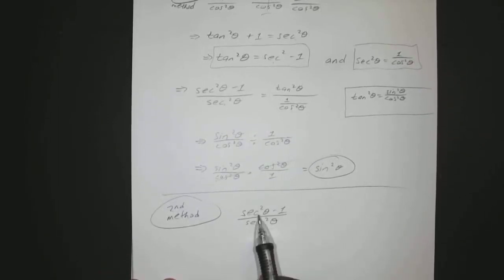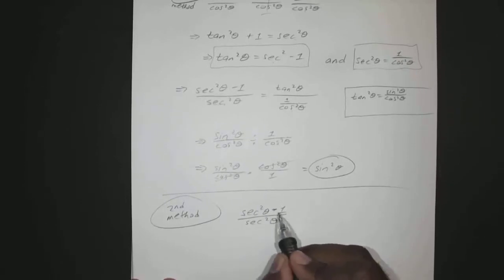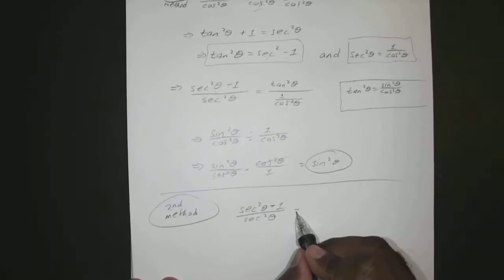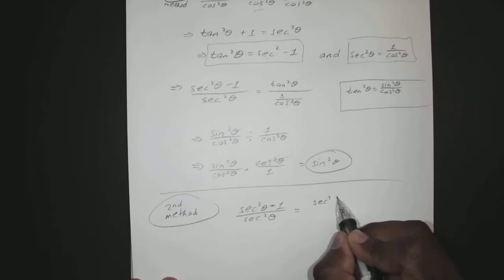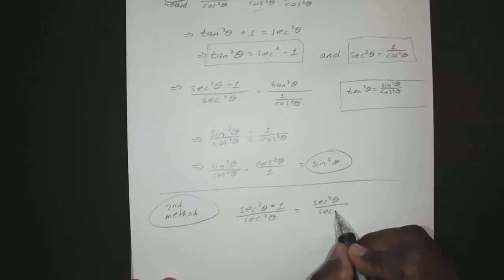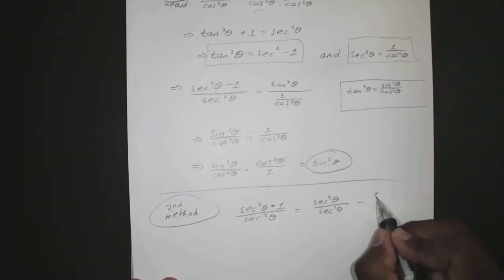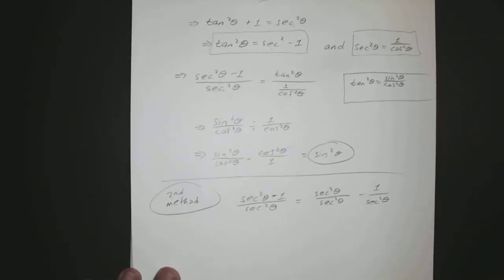If we wanted to, we could separate these into two separate fractions: secant squared over secant squared minus 1 over secant squared. Anything divided by itself is just 1, so you have 1 minus 1 over secant squared, which is cosine squared.